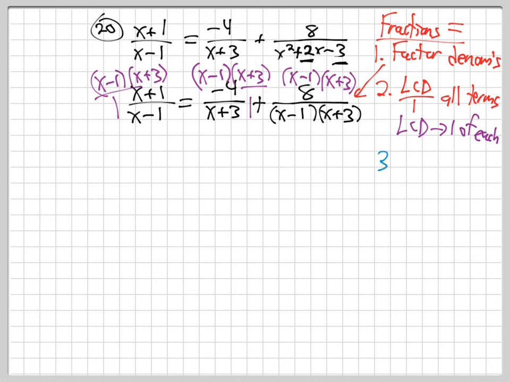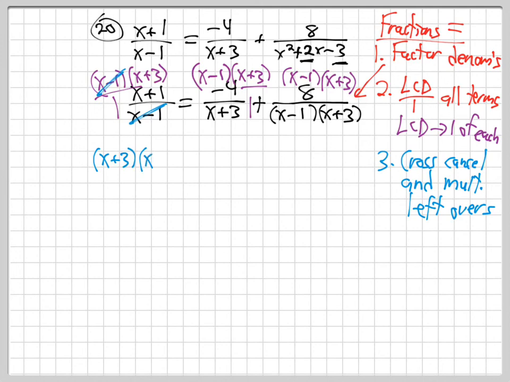And then step 3, cross cancel and multiply the leftovers. So x minus 1 cancels x minus 1. What's left over there? X plus 3 times x plus 1, huh?